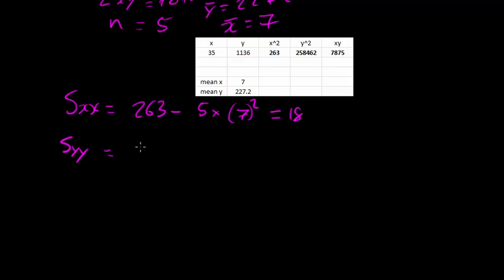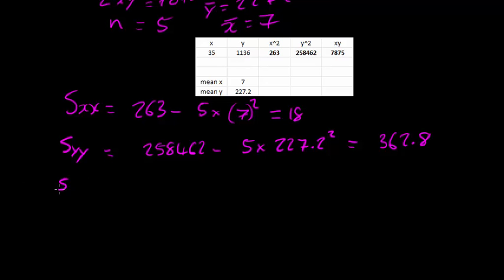So that's sigma y squared, so 258462 minus n times y bar, which is 227.2 squared. And again, you can plug all the numbers in the calculator. So this is 362.8.